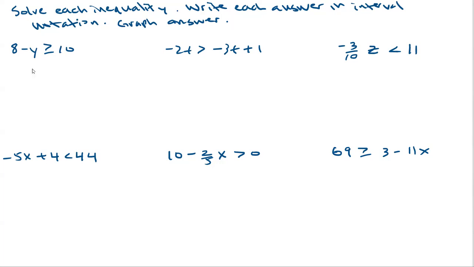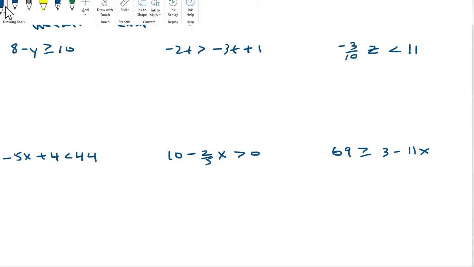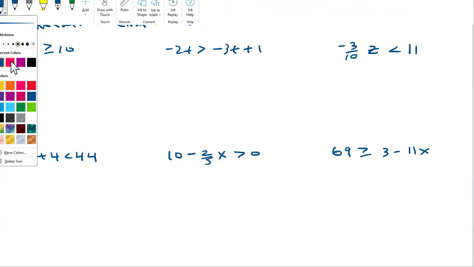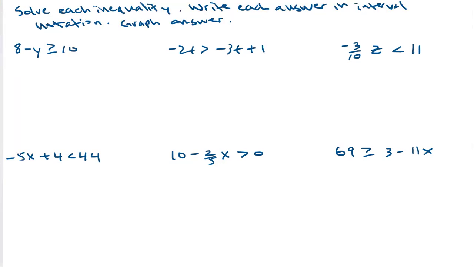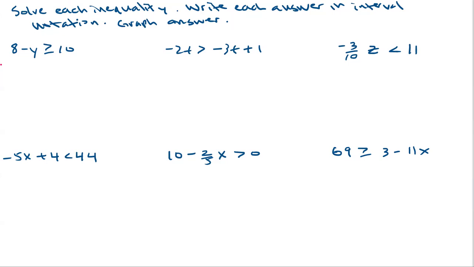So I will actually do the first one here, and then you guys can do the rest. For the first one, we have 8 minus y is greater than or equal to 10. You want to solve this like you solve an equation. Just do exactly how you solve a regular equation.